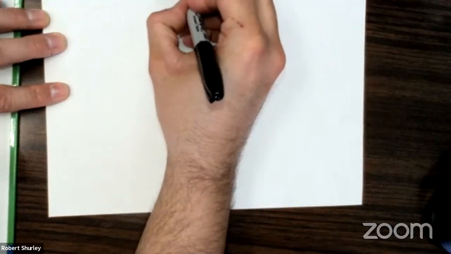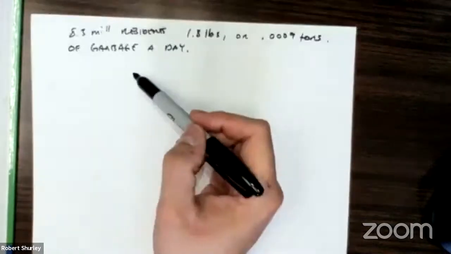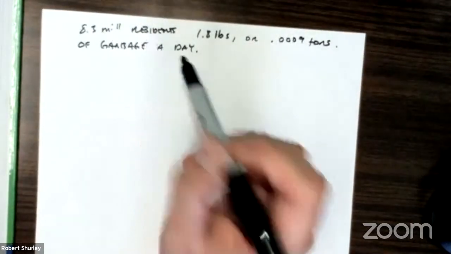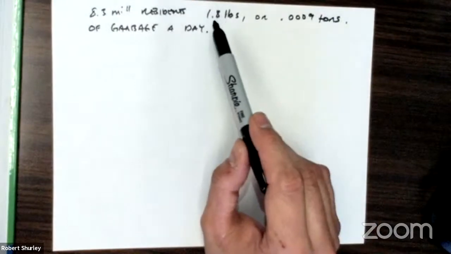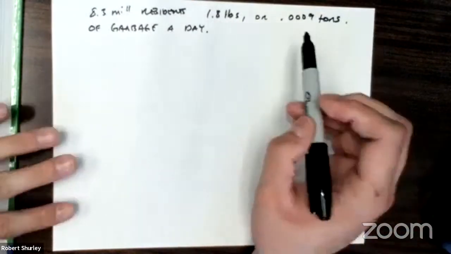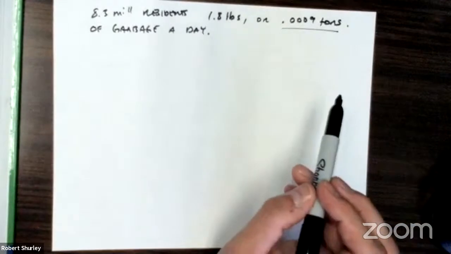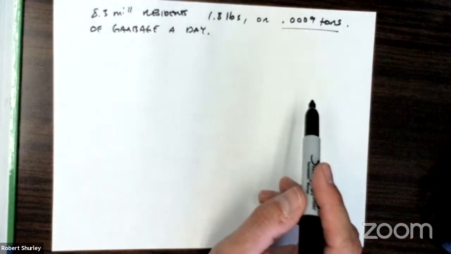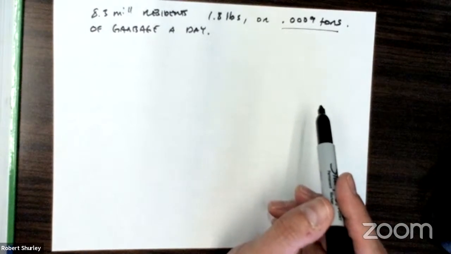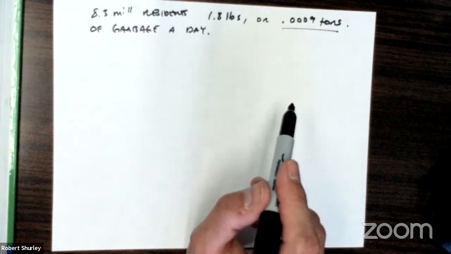I'm just writing down the important stuff. So we've got 8.3 million residents, and you think they produce 1.8 pounds, or we're going to use tons here, 0.009 tons of garbage a day. And you want to know, well, how much is produced total in a single day?